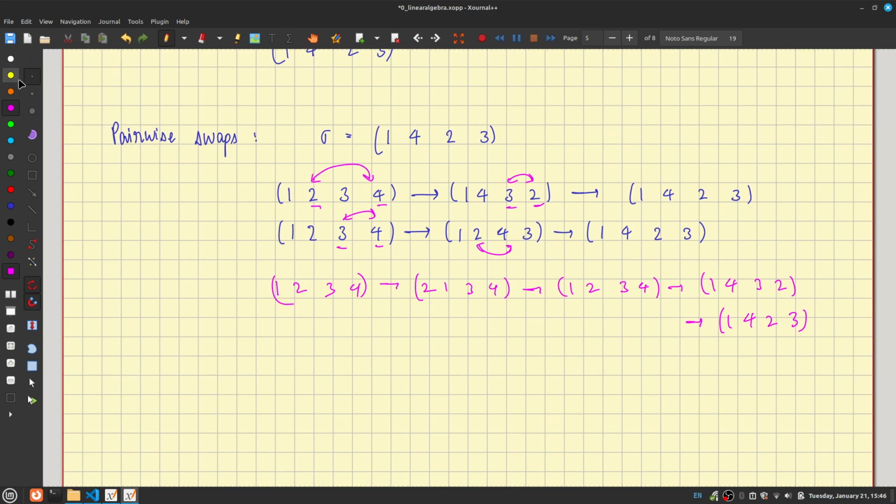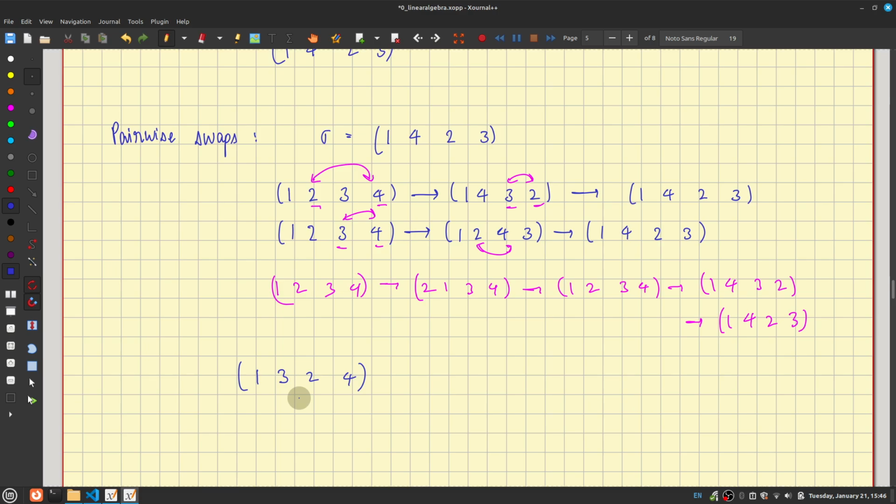Let's take another example. Let's just take a simple permutation, 1, 3, 2, 4. How many swaps do I need to go from 1, 2, 3, 4 to 1, 3, 2, 4? Just one swap is enough. I just exchange 2 and 3 and I can get 1, 3, 2, 4.